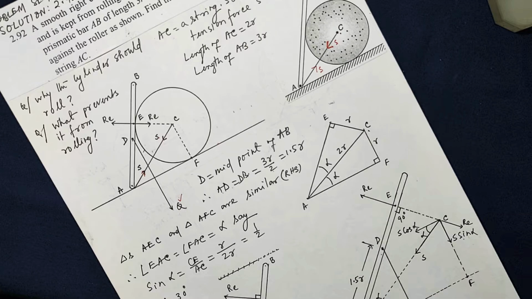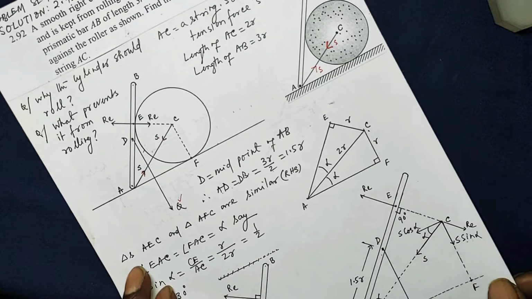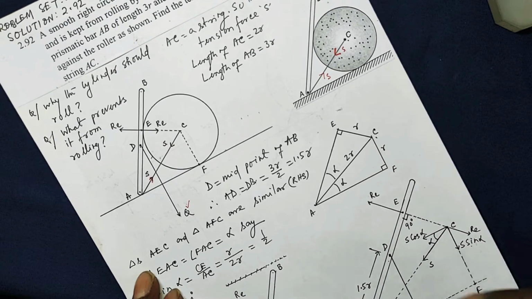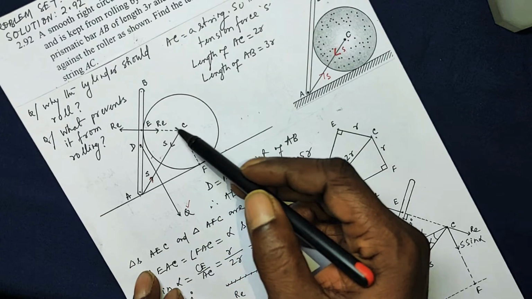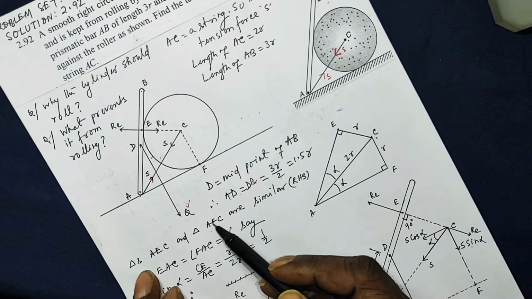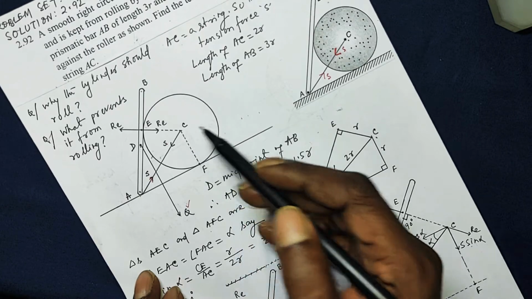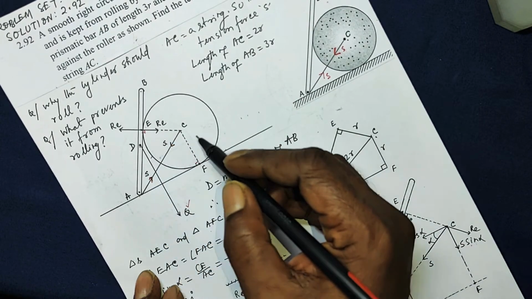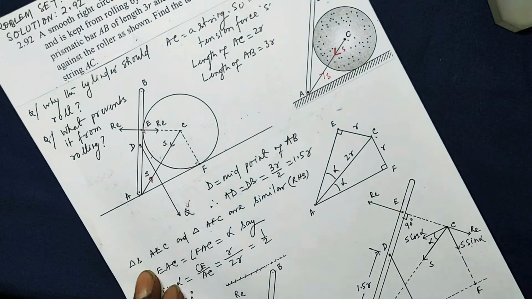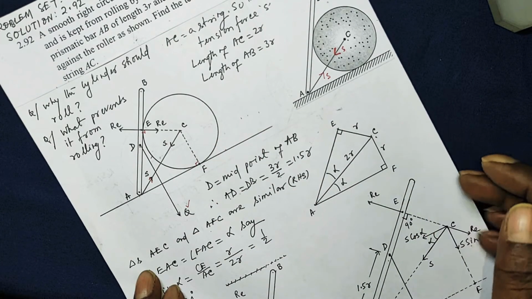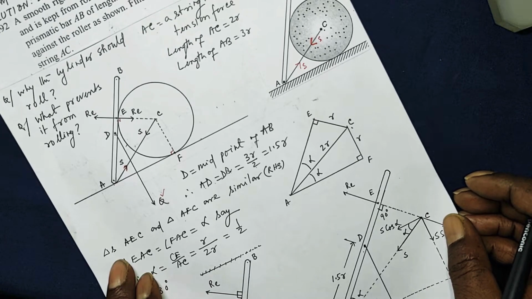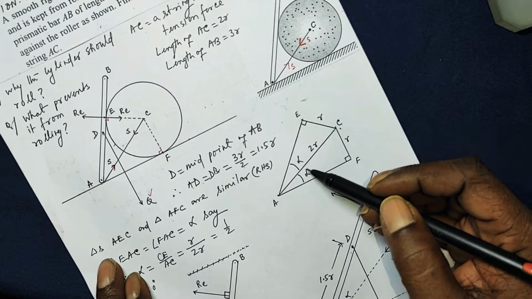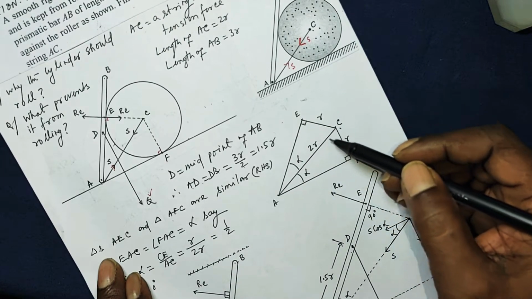Now look at triangle AEC and triangle AFC. This is 90 degrees here, and this is 90 degrees here. So AC is the common hypotenuse, which I have redrawn here. These two triangles are congruent because these two angles are 90 degrees.